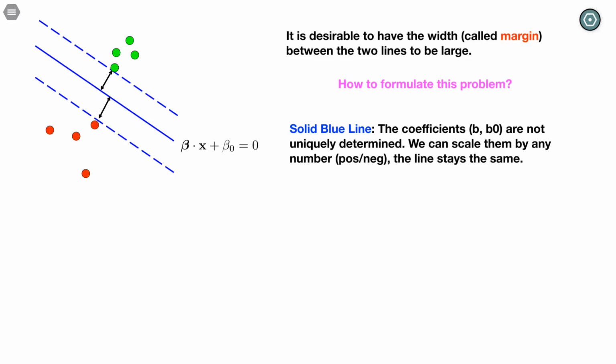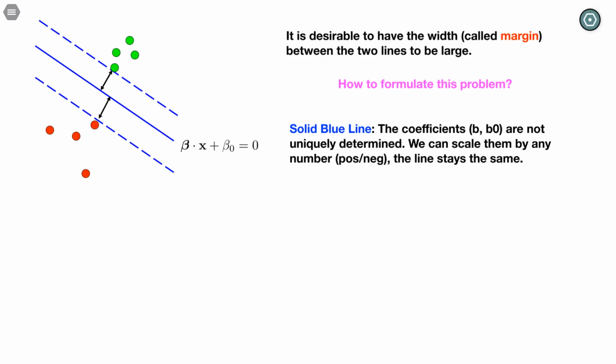Meaning we want to place an avenue to separate the two groups of points, and we want that avenue as wide as possible. And so how are we going to formulate that problem?